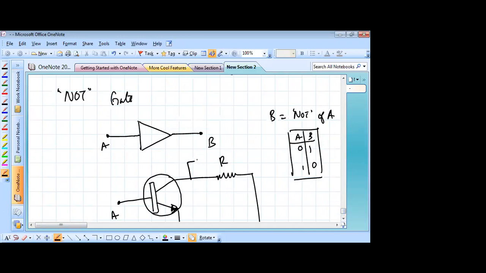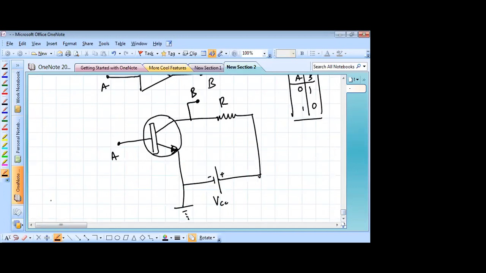Now in this circuit, this terminal is E. So here you can see the moment we connect E to a high voltage, the base emitter junction becomes forward biased.